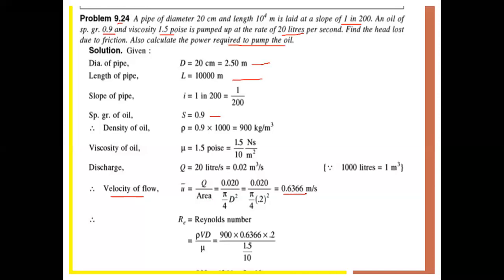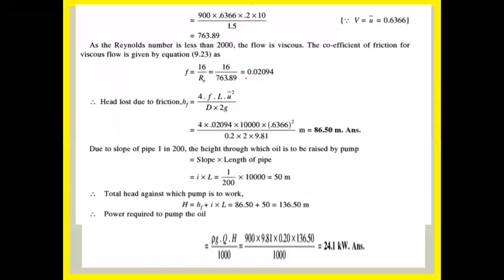Then you have to find the Reynolds number, Re, equal to rho into V into D by mu. Substituting these values, we get the Reynolds number as 763. The 763 is less than 2000. Therefore, the flow is laminar or viscous flow.